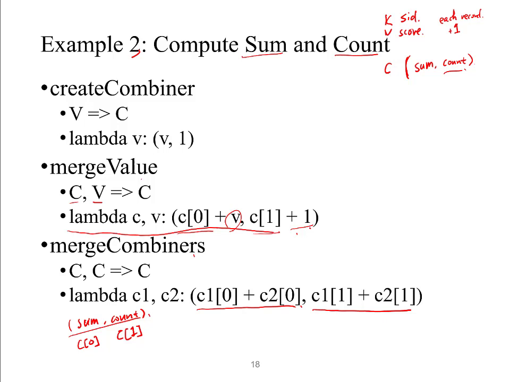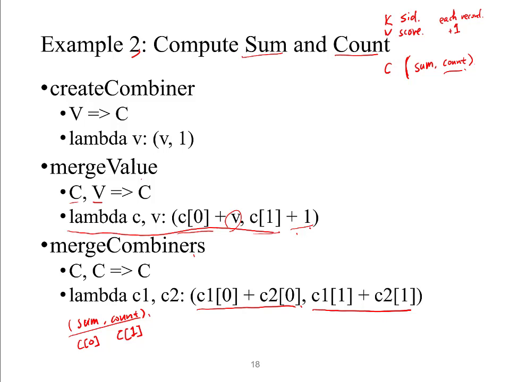Now we consider create combiner, which is what we do for the single row when it is first met. In this case, it is the initialization of C to some extent.